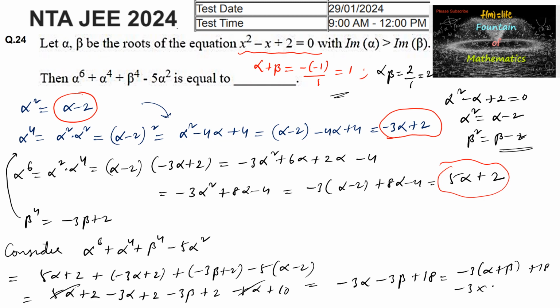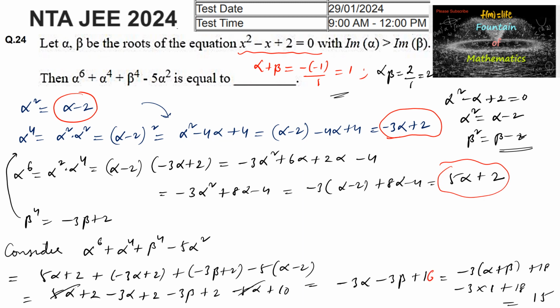1. So we can add 1 plus 18. So 18 minus 3 is 15. So we can say the answer is, and sorry, here 2 plus 2 plus 2, that is 6, plus 10 is 16 here, not 18.